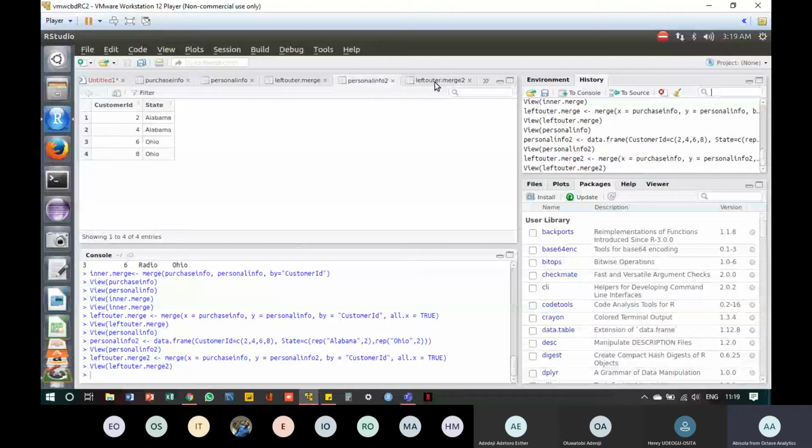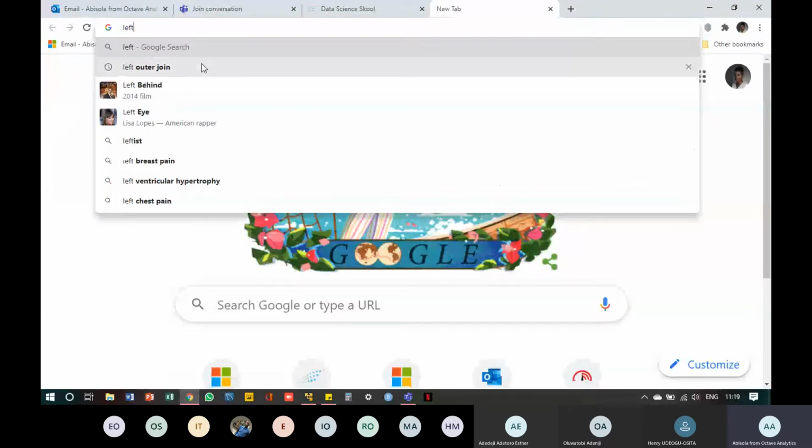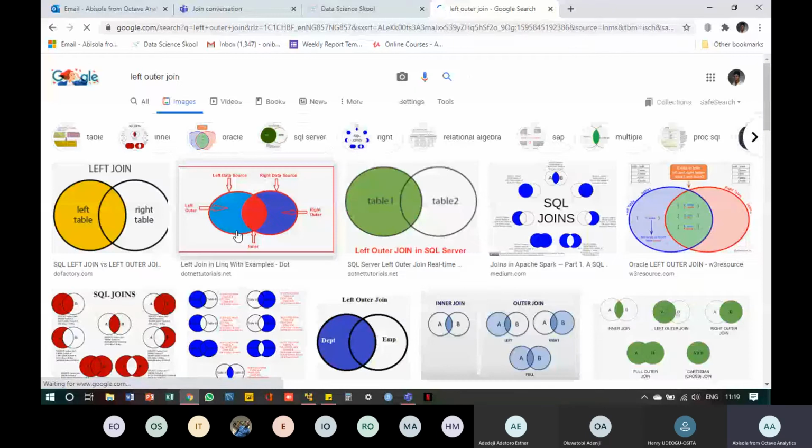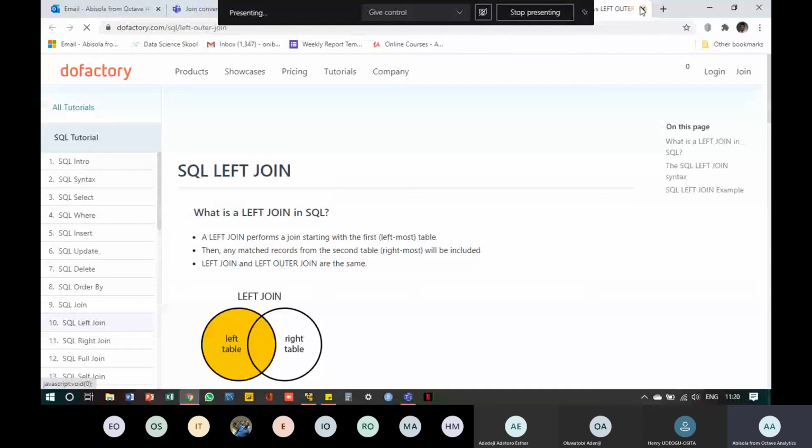So let me quickly show you something. Let me just do this so that it will be easier. Left outer join. Okay. So this is left outer join.